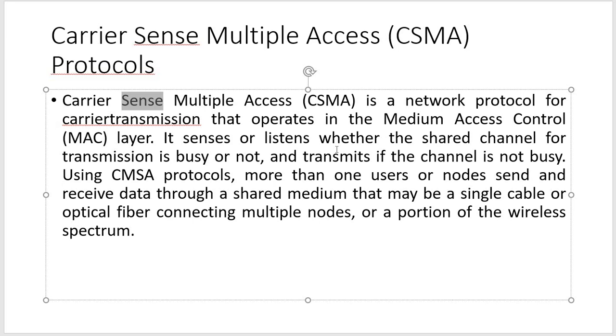If the channel is busy, then we have to wait. If the channel is not busy, then we transmit, for multiple access without collisions. But since it is always sensing, and if the channel is busy it delays the transmission, there are some limitations in this also. CSMA, carrier sense multiple access protocol.